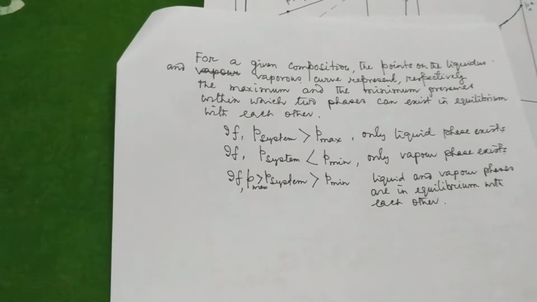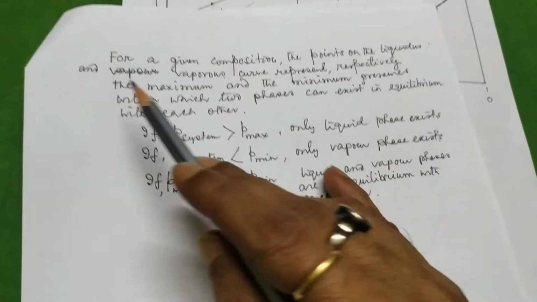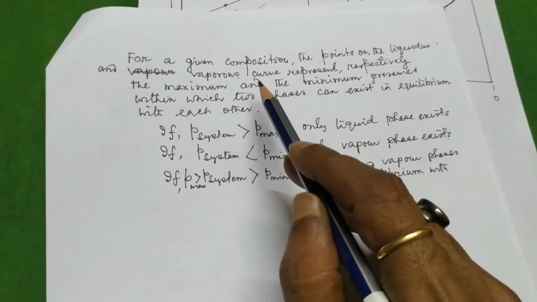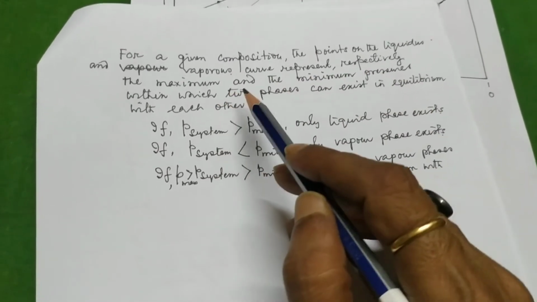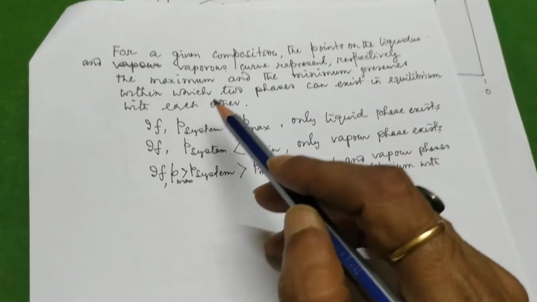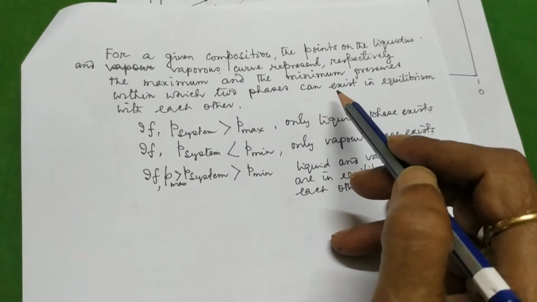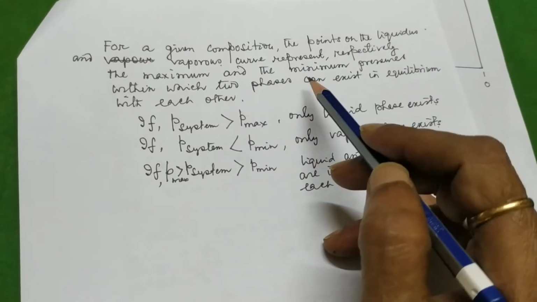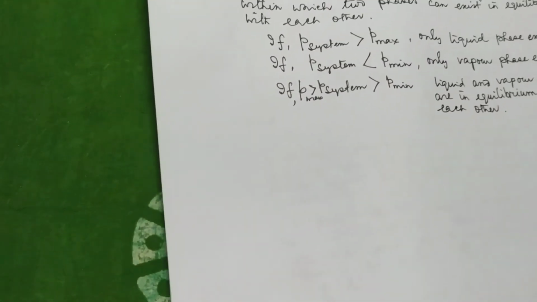Now, for any given composition, the points on the liquidus and vaporous curve represent respectively the maximum and the minimum pressures within which the two phases can exist in equilibrium with each other.